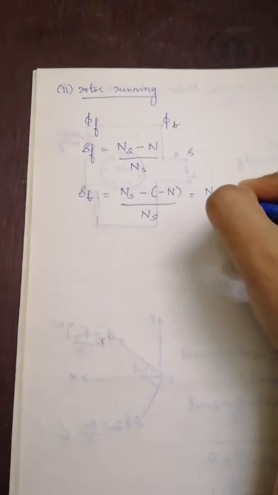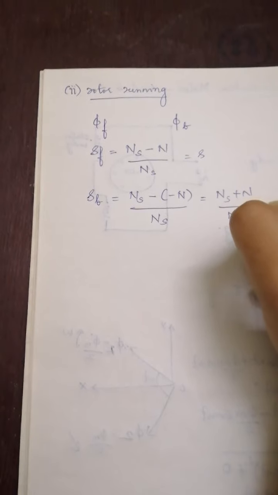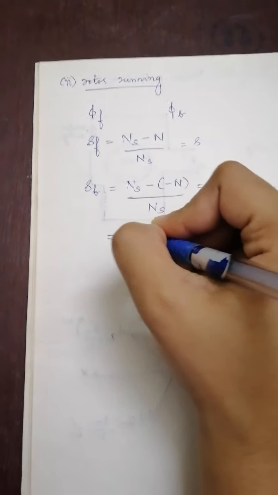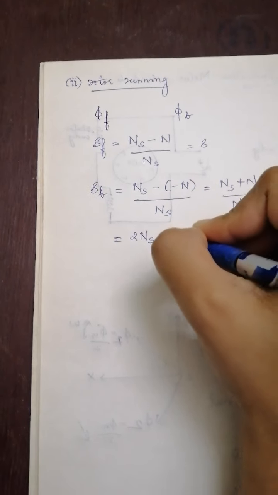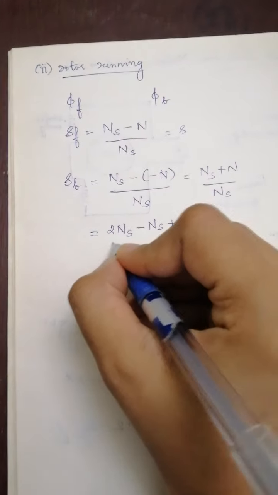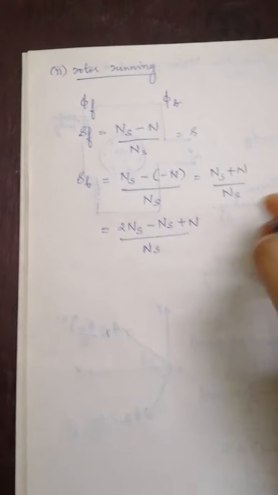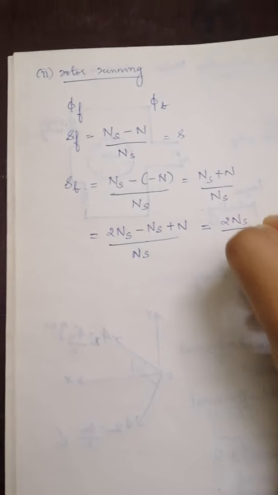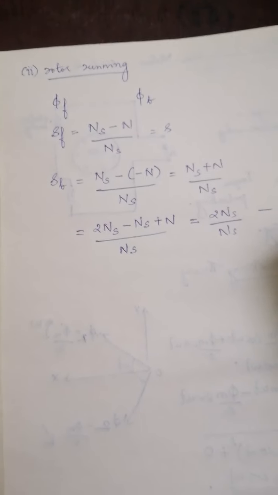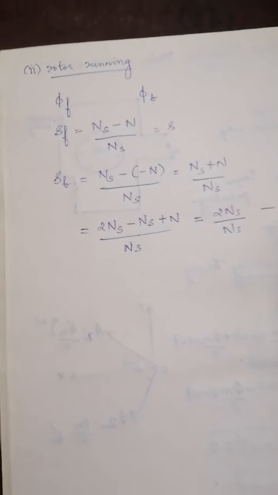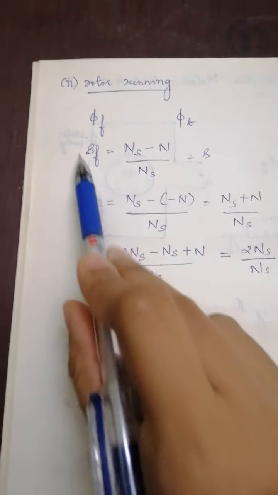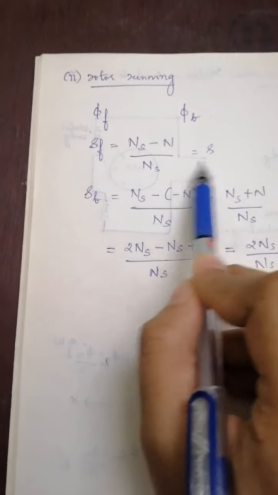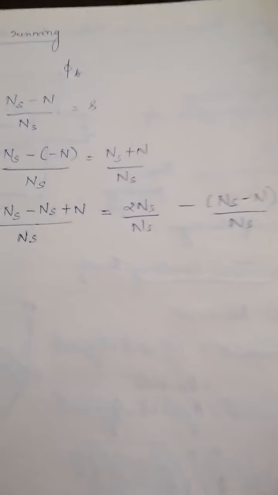For simplification purpose, we are rewriting it as 2Ns minus Ns minus N divided by Ns, which is again written as 2Ns by Ns minus Ns minus N by Ns, which is equal to 2 minus S. So, the slip related to forward flux is S, and that related to backward flux is given by 2 minus S.